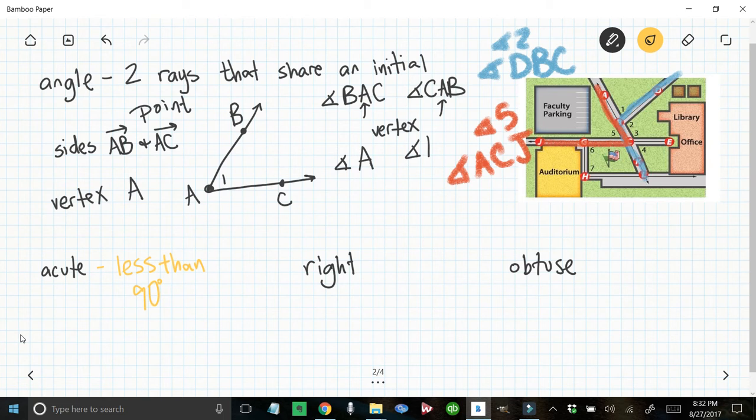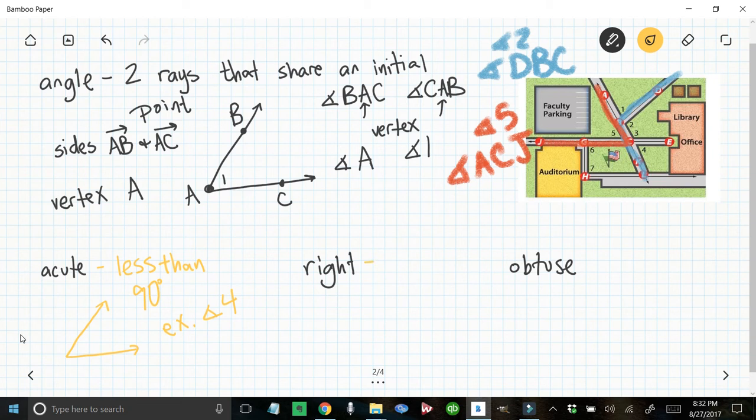An example of that might be this angle here. It's probably about 60 degrees if I were just eyeballing it. So an example of an acute angle here would be maybe angle 5 or angle 4. Both of those would be acute angles. Angle 1 would also be an acute angle. So I'll just give one example. Angle 4 here in the picture is acute. It is less than 90 degrees.